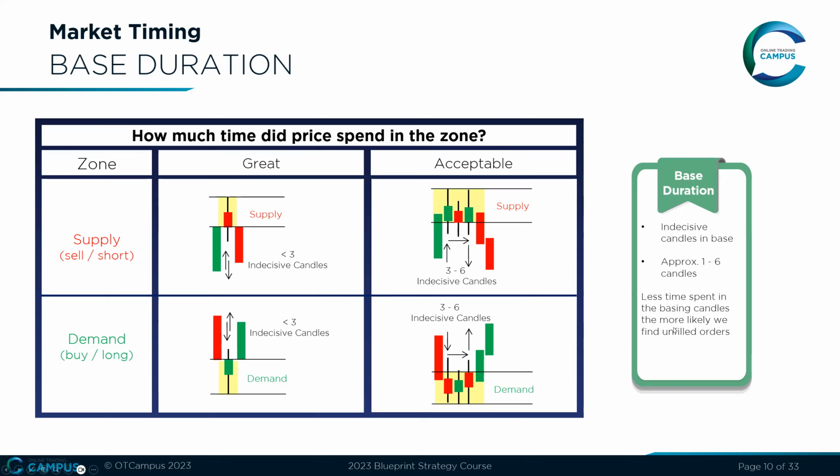However, this also depends a lot on what's the time frame that you're looking at. If this is 3 candles versus 1 candle, this could be a 60-minute chart, and this could be a 180-minute chart, a 3-hour chart, right?